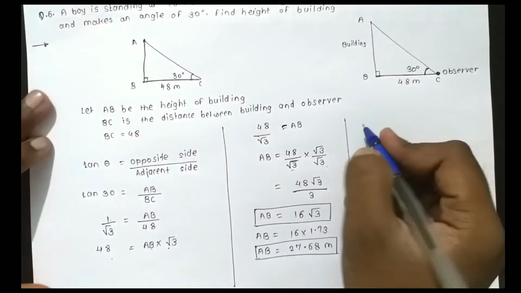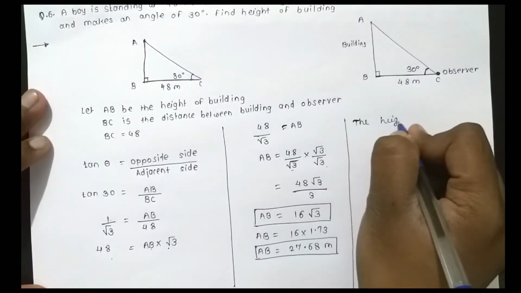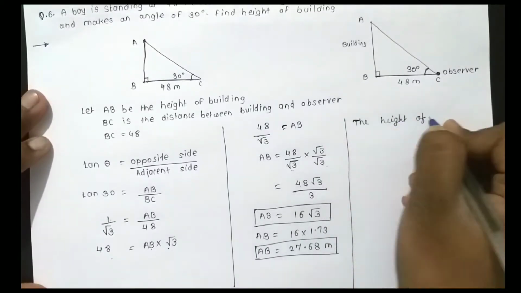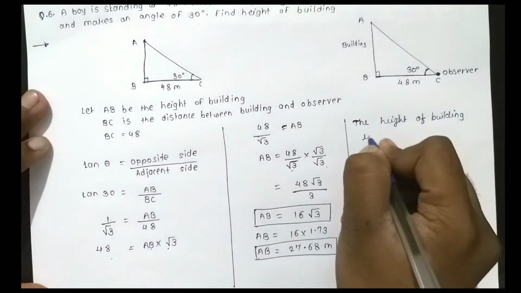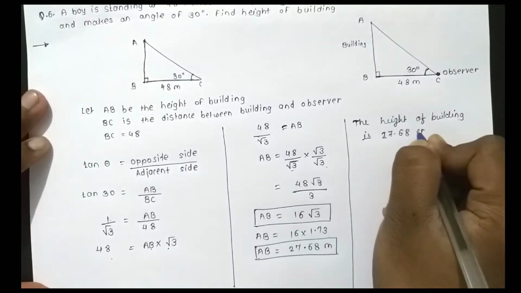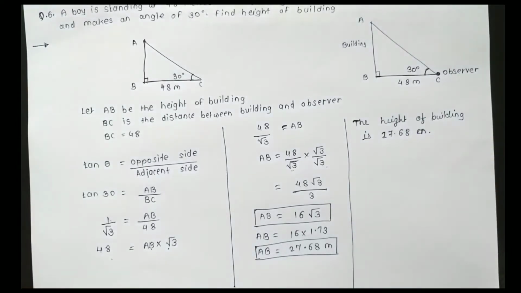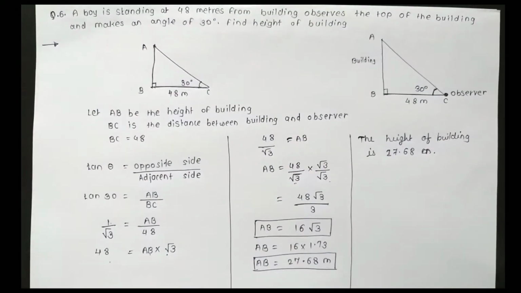Now write the sentence: the height of the building is 27.68 meter. Here our first example is over.